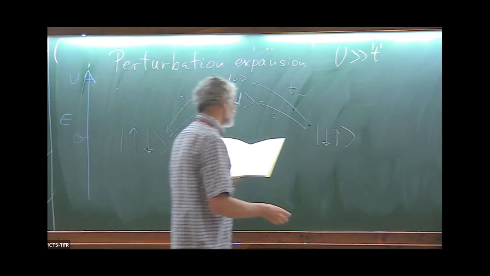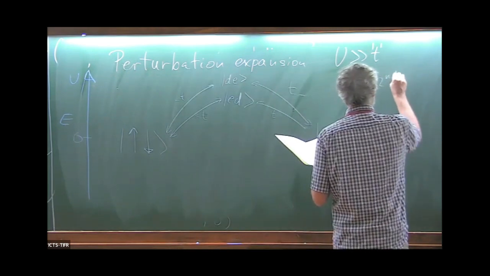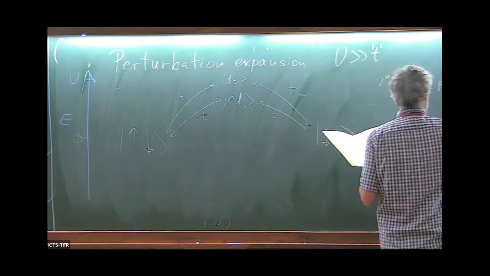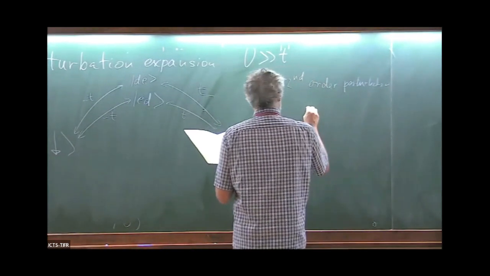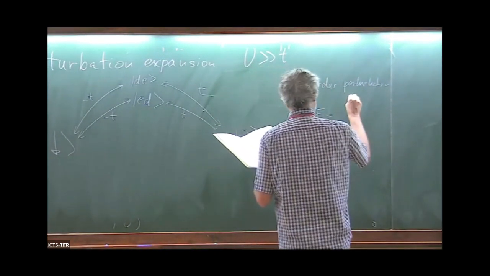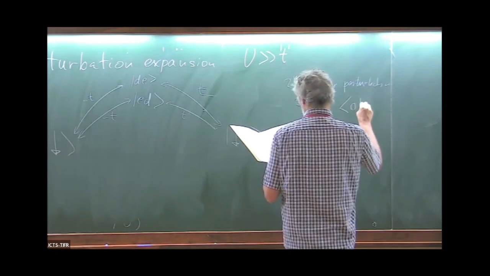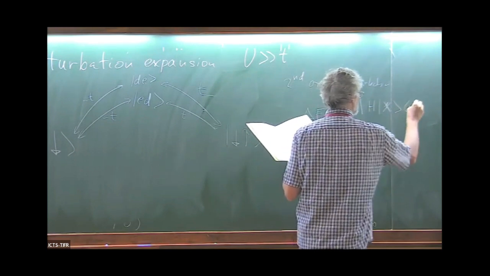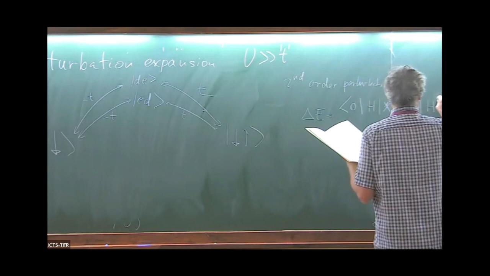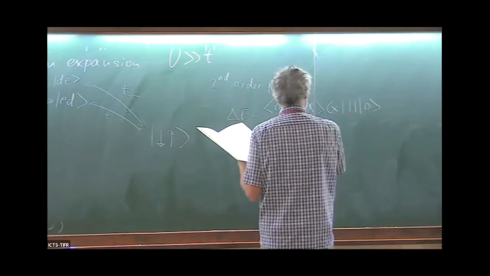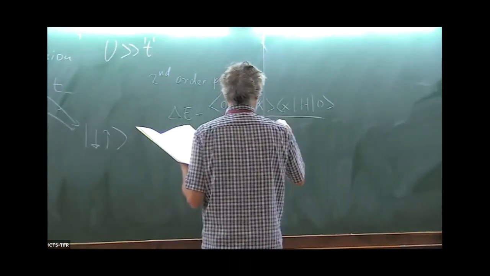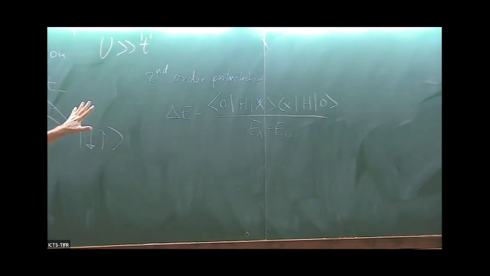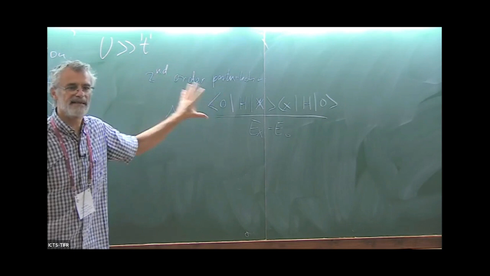And we know that in second order perturbation theory, the energies are given by the ground state, Hamiltonian, excited state X, H, again ground state, divided by the energy difference E_X minus E_0. This is a little bit hand waving, because the general perturbation theory is a little bit more involved mathematically, but essentially this is it.